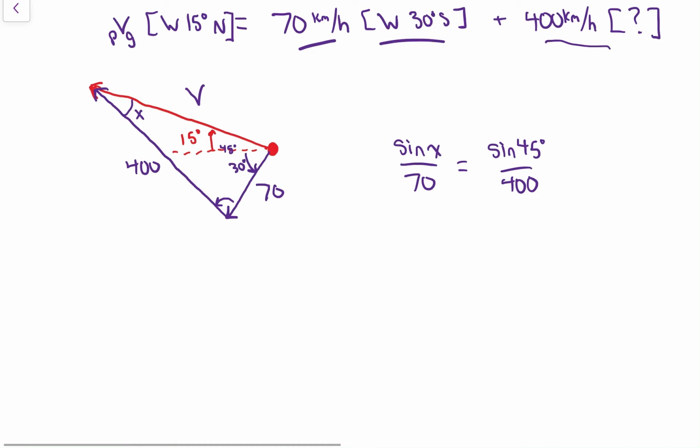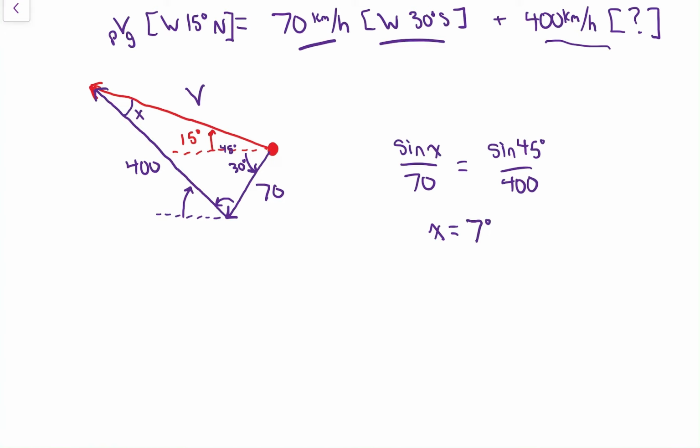You can do the calculator work to double check, but within rounding, I got the angle up top to be 7 degrees. That tells me another interior angle, but really I'm curious about what angle the plane's got to fly, and ideally I'm going to get this angle outside relative to straight west. I've got a little bit of work to get there.